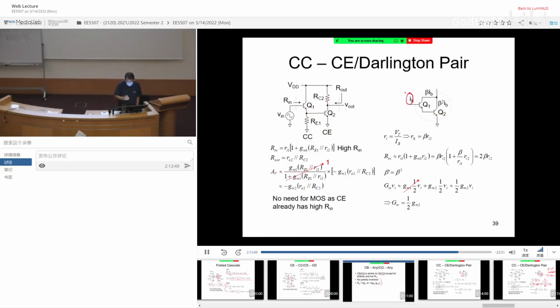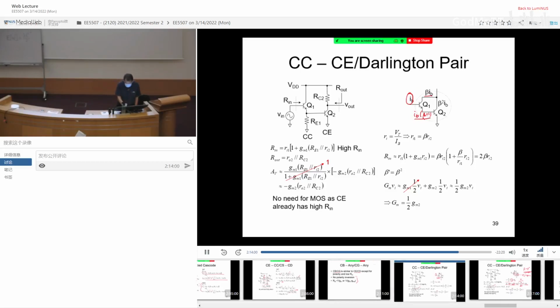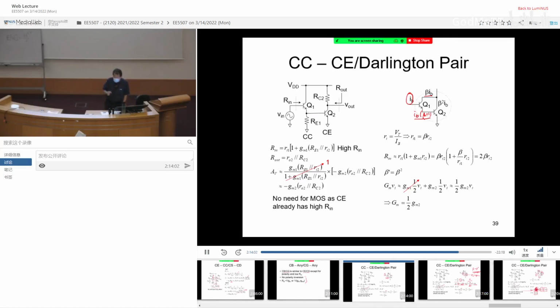If the current at the input is IB, so this is going to be (beta plus 1) IB. The collector current is going to be beta IB. And since this emitter current is the base current for the second transistor Q2, the second transistor Q2 is going to have beta multiplied by (beta plus 1) IB. So approximately beta square IB.